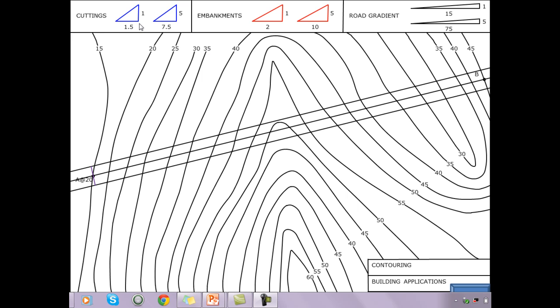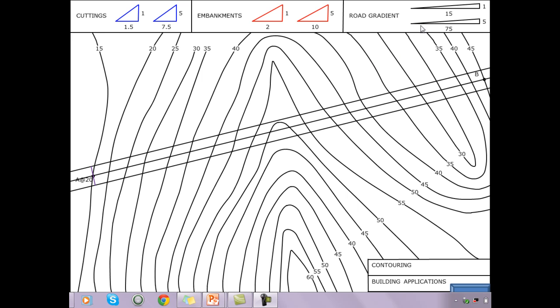So our cut of 1:1.5, for every 1.5 meters in height we want to gain, we need to come out 1.5 meters. So for every 5 meters we want to gain, we need to come out 7.5. For our fill, we have 1:2. So for every 5 meters we want to drop, we need to come out 10 meters.